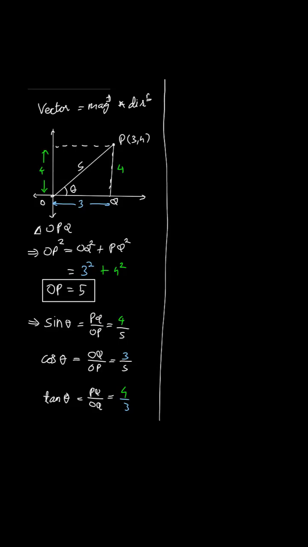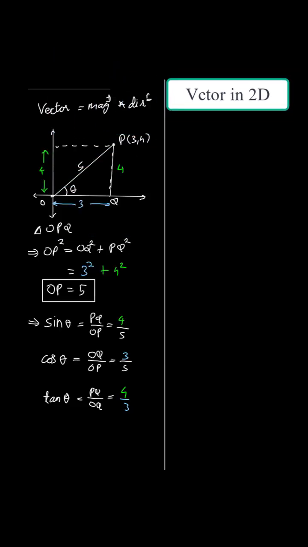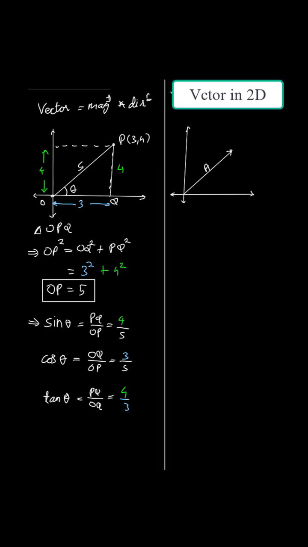Using the same logic, we'll study vectors in 2D. First of all, draw the x-axis and y-axis and consider one point. If we connect the origin and that point, we will get our required vector A bar.